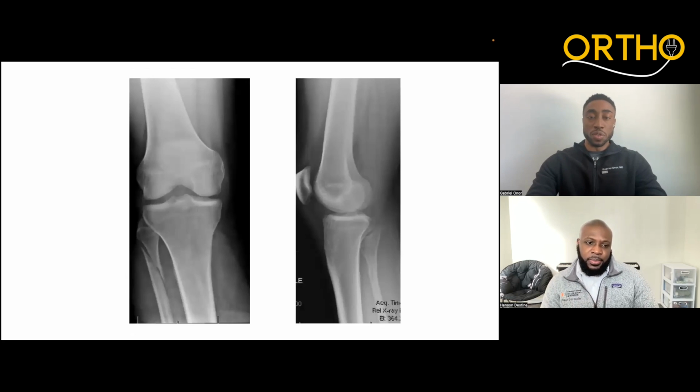So moving forward, based on what I just said, you want to get images of the entire bone. Anytime there's any abnormality on an x-ray, you want to visualize the joint above and the joint below, as we frequently say.